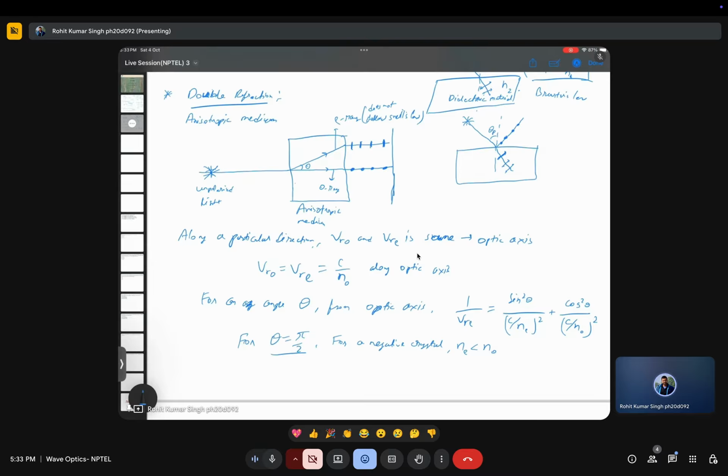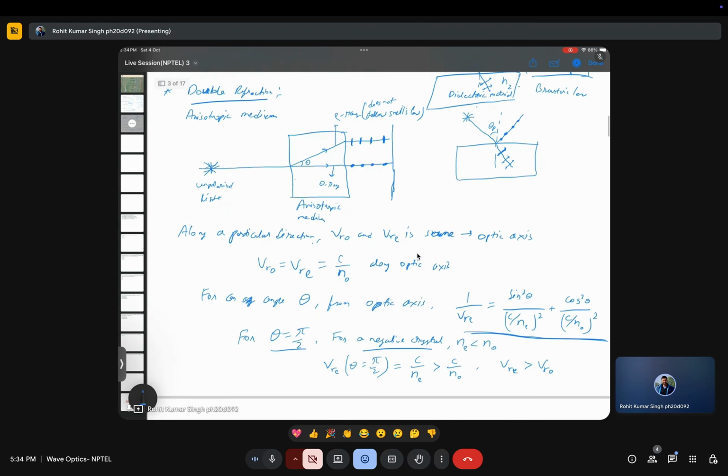So at this angle, theta equal to pi by 2, what is the velocity of the extraordinary ray? If you put theta equal to pi by 2 in this formula, you get c by N_E, right? And since N_O is greater than N_E, c by N_E will be greater than c by N_O, right? That means the velocity of the extraordinary ray is greater than the velocity of the ordinary ray for a negative crystal.